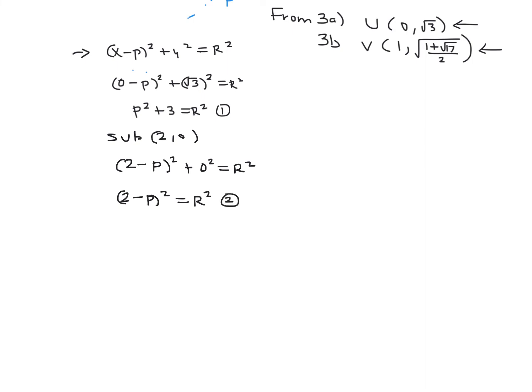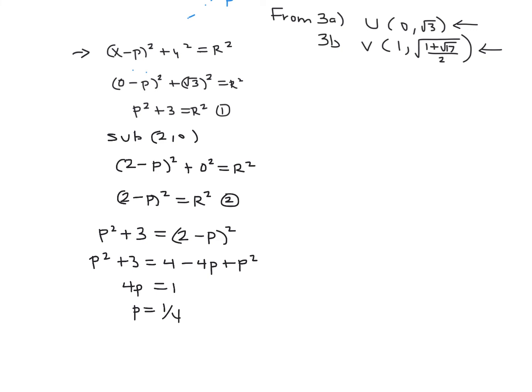So that means (2 minus p) squared is equal to r squared. And that's equation 2. Equation 1 and equation 2 are therefore the same, so they can be set equal to each other. So that means p squared plus 3 is the same as (2 minus p) all squared. Okay, expand, we get p squared plus 3 equals 4 minus 4p plus p squared, and therefore 1 is equal to 4p. P is equal to 1 over 4. Okay, great. We got a value for p. And I think we can substitute that back into here to get the value for r.